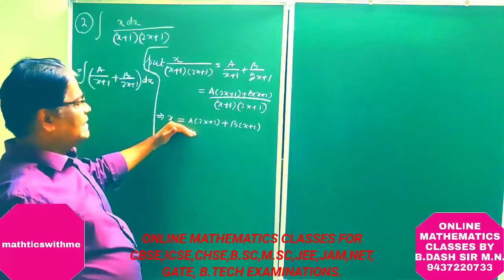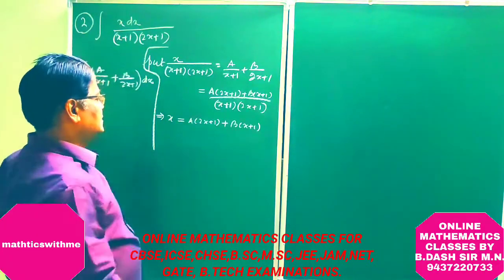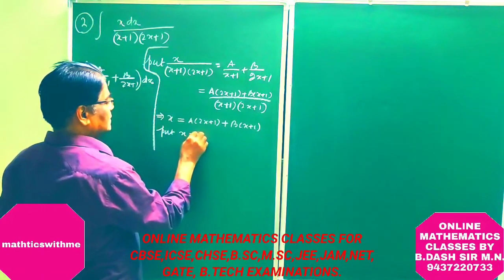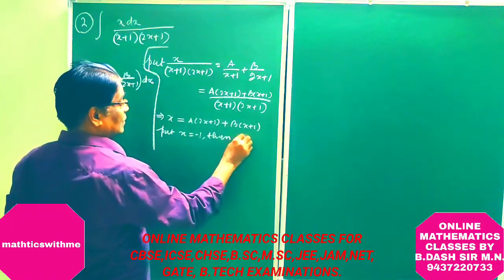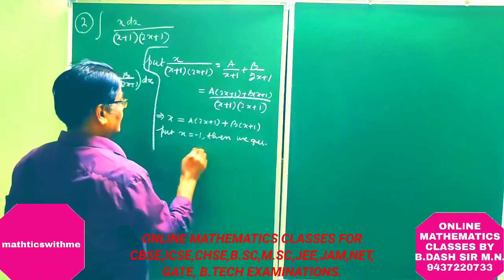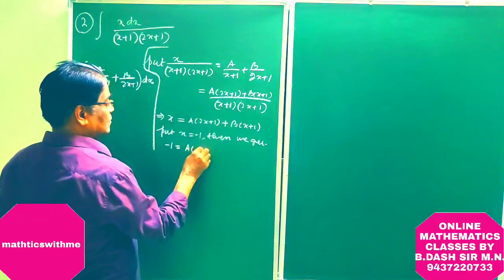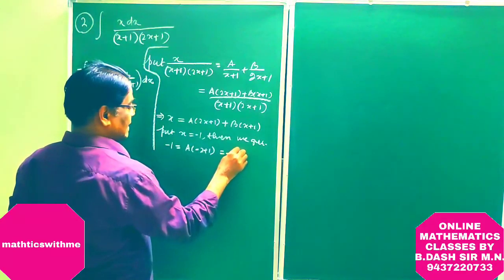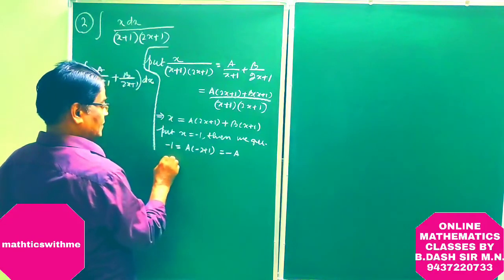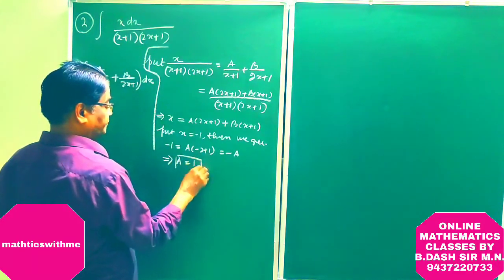In order to find the value of A, we have to make this expression 0. Put x is equal to minus 1. Then we get minus 1 is equal to A into minus 2 plus 1, which is equal to minus A. This implies A is equal to 1.